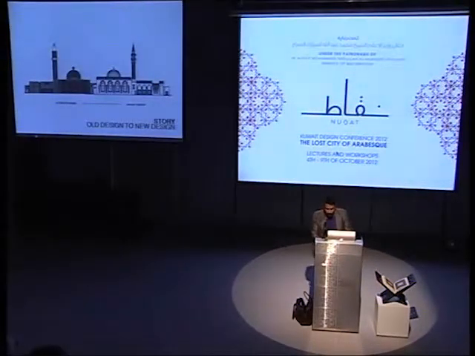Going back to early 2009, when I first arrived in Kuwait from my studies abroad, I was straight away asked by my father to be involved with the design of the mosque. Construction had already started, and the building was an erect concrete structure that was not so easy on the eyes, I have to say.